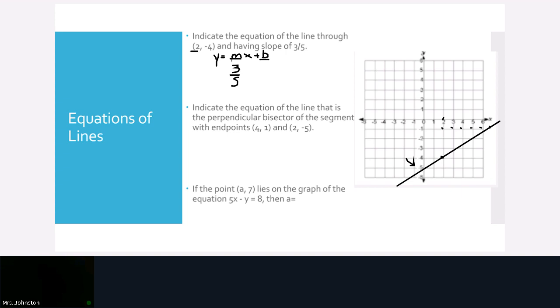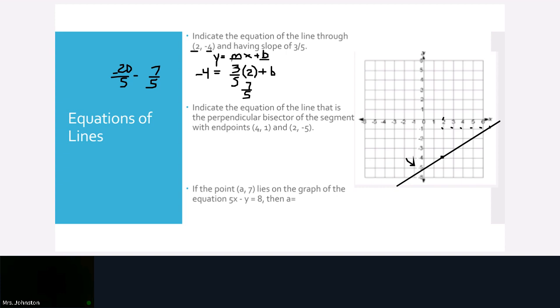Since we have a point and every point must make the equation true, let's use the y value as our y and the x value as our x and see if we can calculate the y-intercept b. 3/5 times 2 is 7/5, and subtracting that from -4 means that we have to change -4 to -20/5, because of course you have to have a common denominator to subtract fractions. -20 minus 7, oops, 3/5 times 2 is actually 6/5.